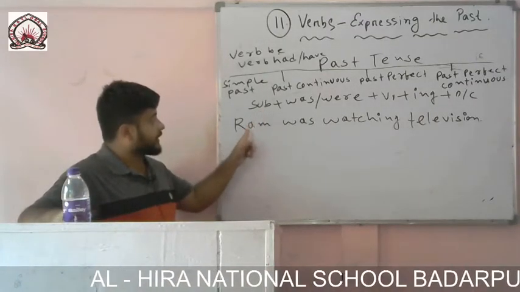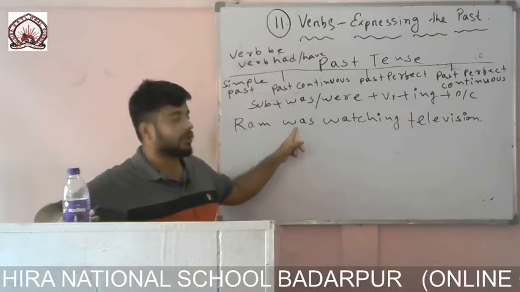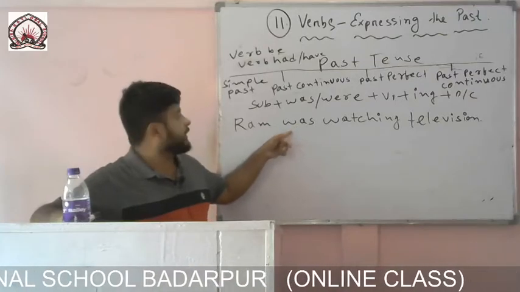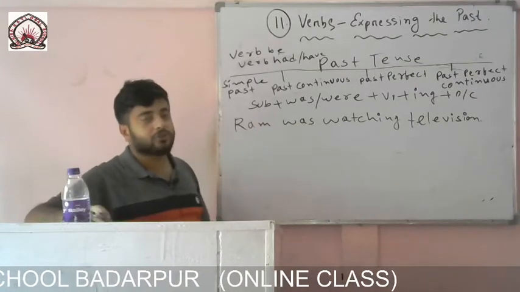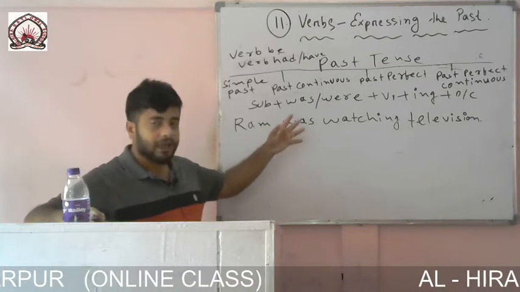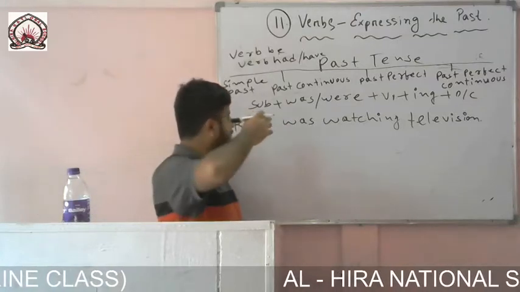Now Ram is the subject. According to the subject we have to write was or were. With third person singular, that means with singular, we write was. And they were, we were, like this, and Ram was, he was, she was, I was.